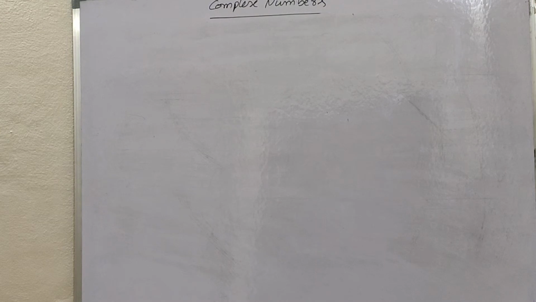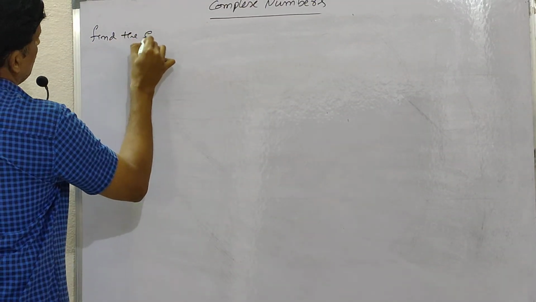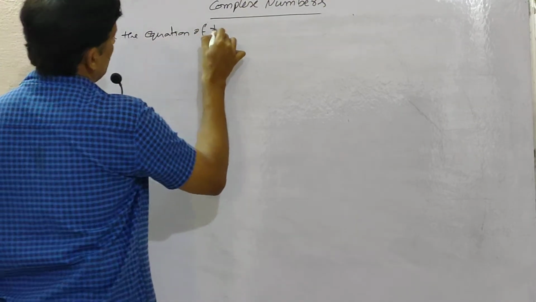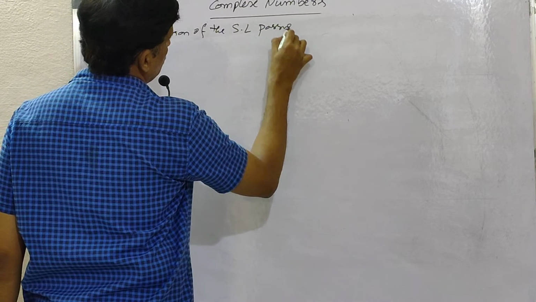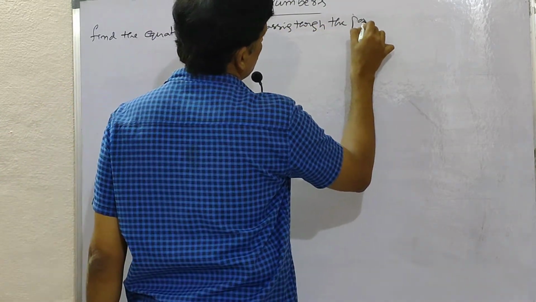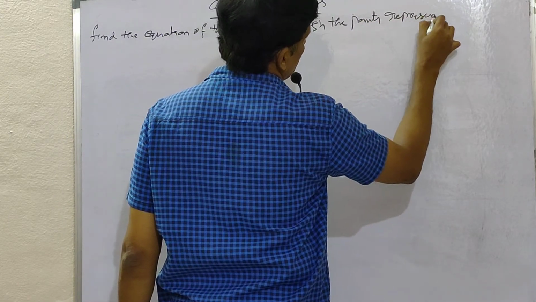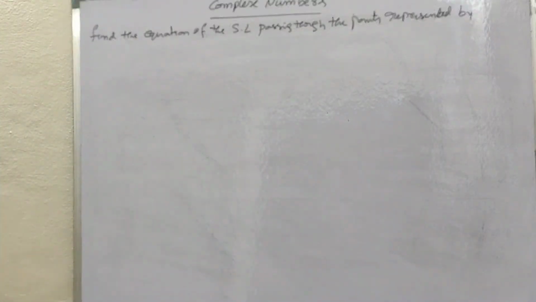Next one, find the equation of the straight line passing through the points represented by the complex numbers.